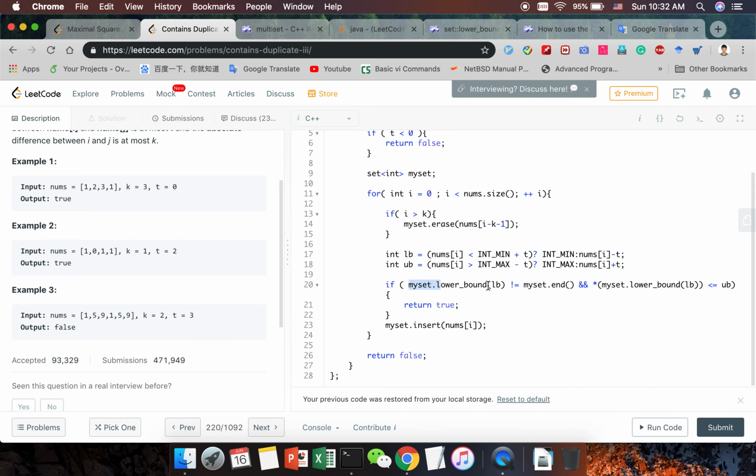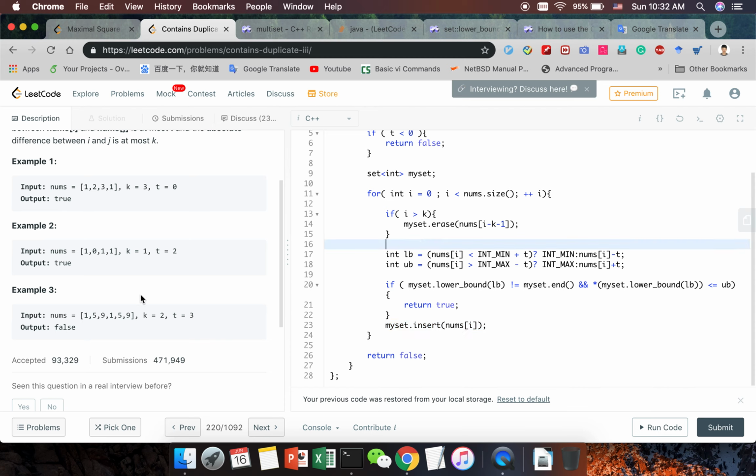And here is the code to check if any other numbers in this window satisfy this lower bound and upper bound. If we can find such a number, we return true. After that, we insert this number into the window.